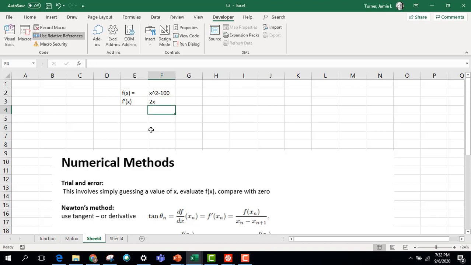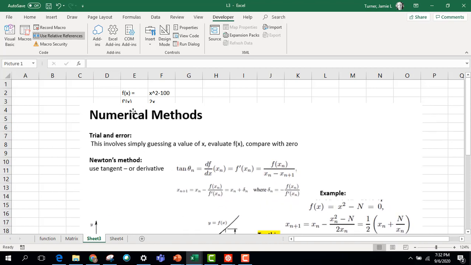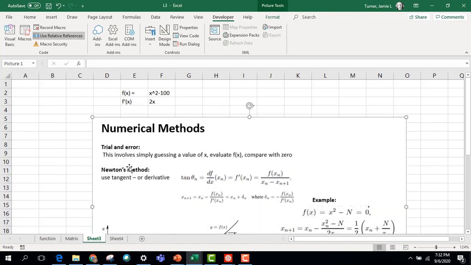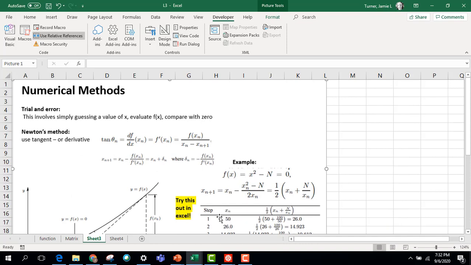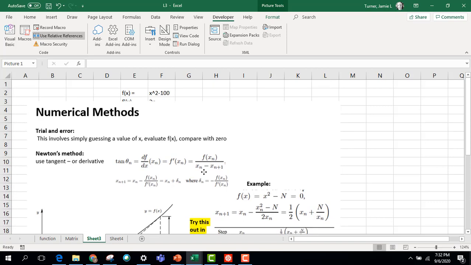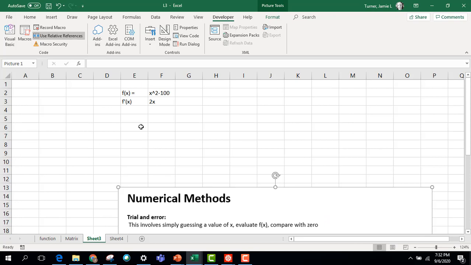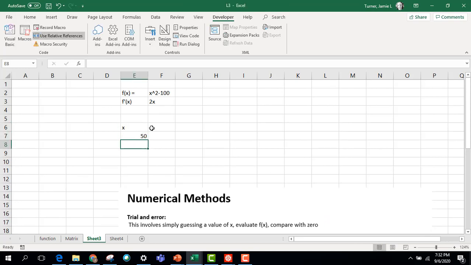I'm going to start off with some guess. In their scenario, they started guessing at 50. Let's start at 50 just like they did, so we can make sure we're working down the same thing. So our original guess for x is 50.